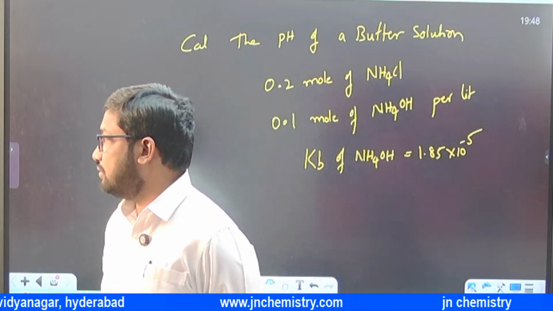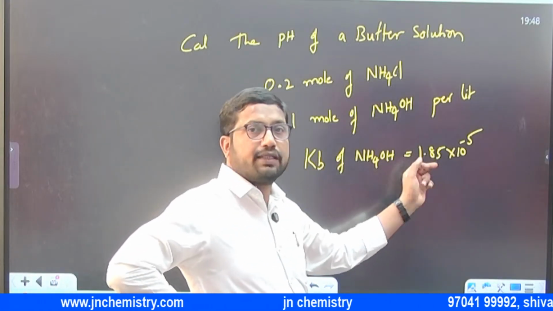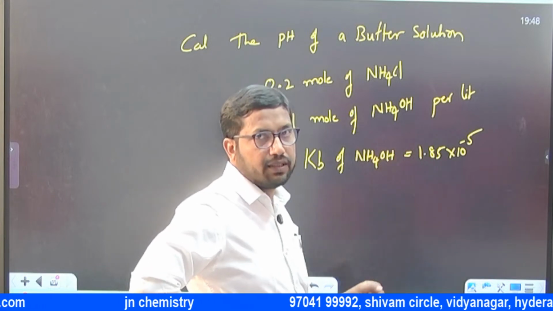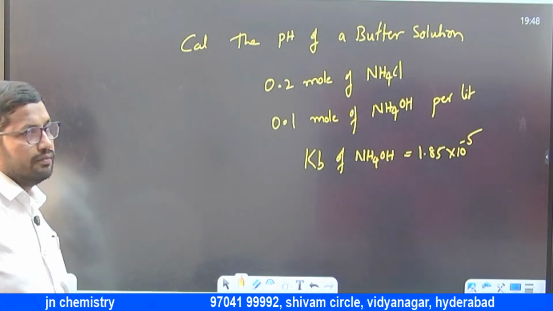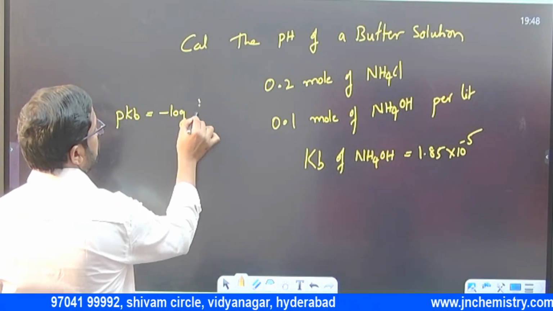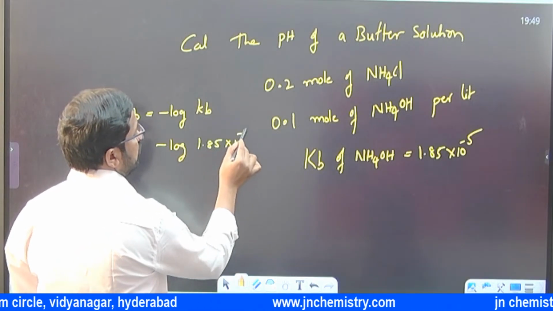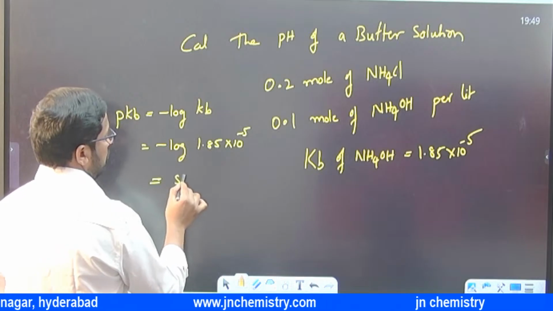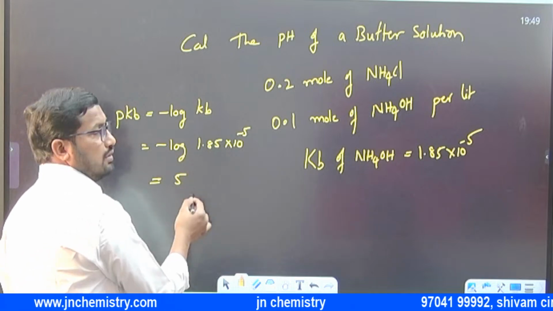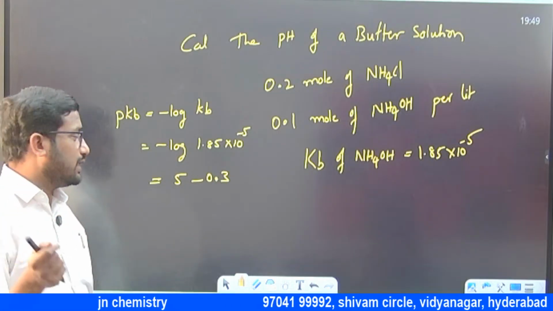Okay, here I told you yesterday. Now here I gave Kb, so how do we get pKb? 1.85 I said take approximately 2. So 5 minus log 2, that is 5 minus 0.3, 4.7 approximately. pKb equals minus log Kb, minus log of 1.85 into 10 to the power of minus 5, so 5 minus log 2 means minus 0.3. Approximately you can take it directly.